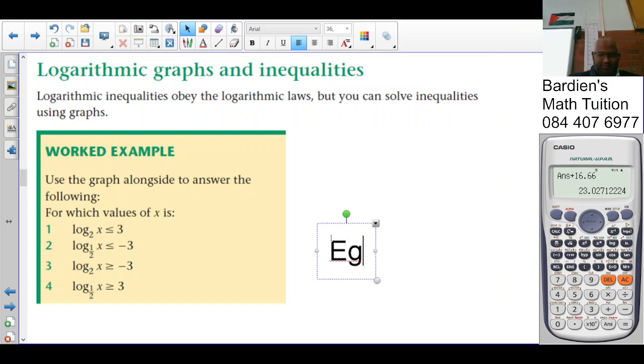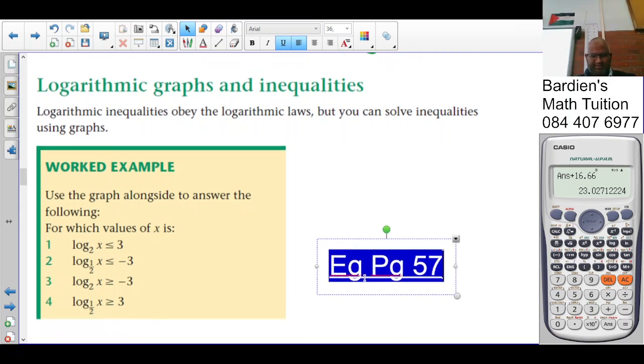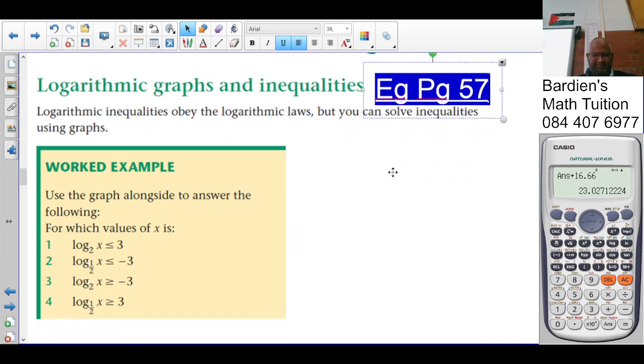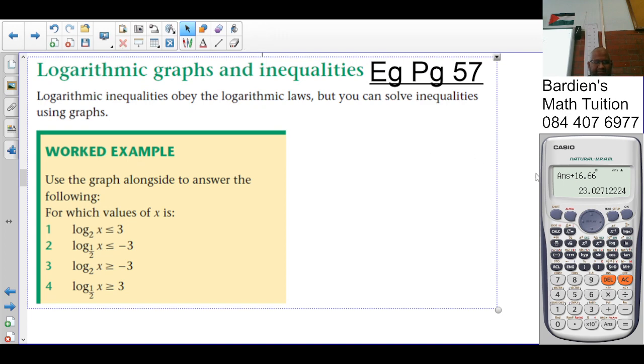Right, these are the examples on page 57. Okay, log graphs and inequalities.